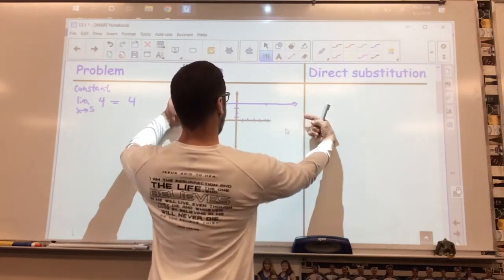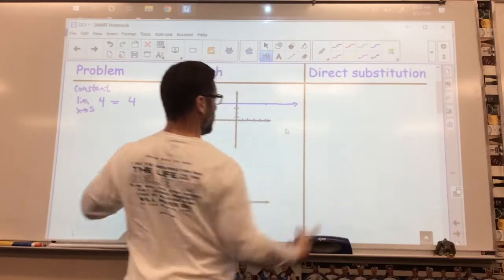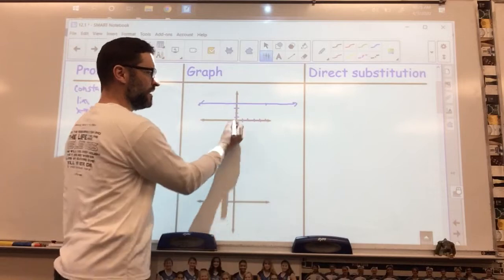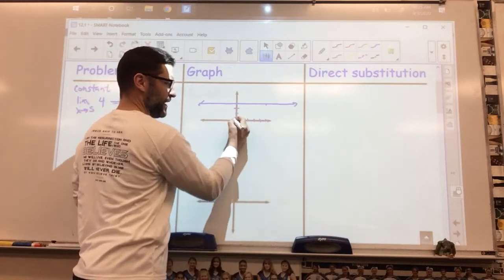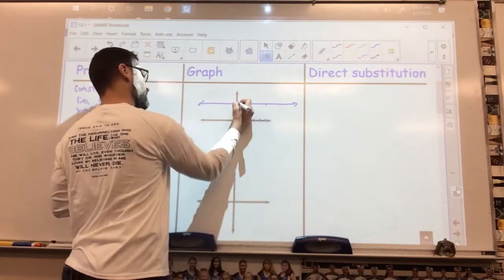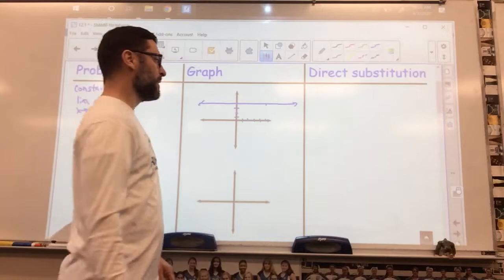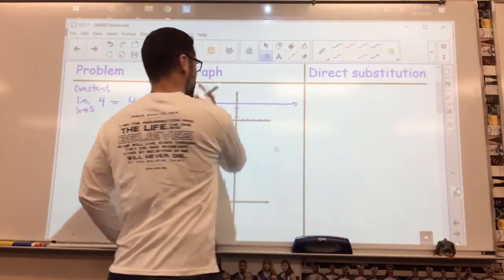From the left and from the right, yes, it comes together right there. And the value where it comes together, if I go over to 5, I go up to the graph, and I go over to the y-axis, my value is 4. And it makes sense that it's 4. So that's the graphical approach.